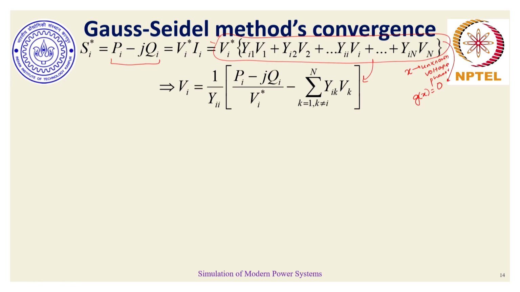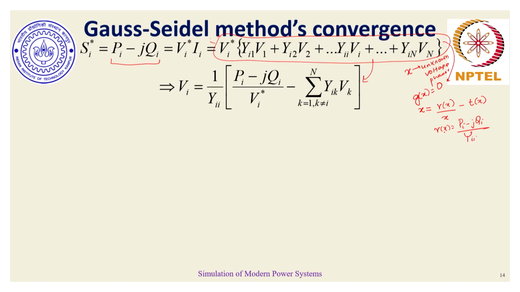I take it to the LHS part with a negative sign and call that equation g of x equal to 0, wherein with Gauss-Seidel this g of x becomes x equal to r of x divided by x minus t of x, where r of x is P_i minus jQ_i divided by Y_ii.